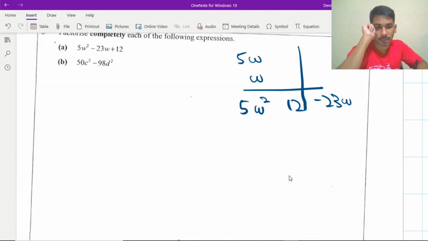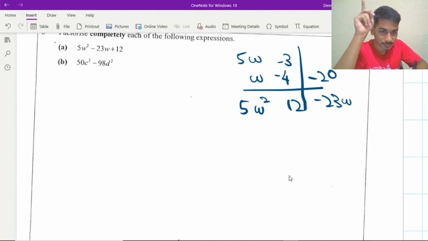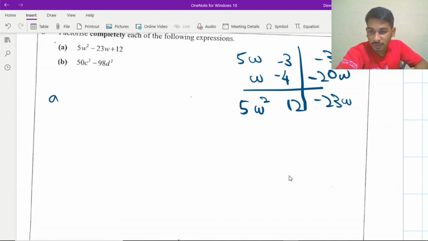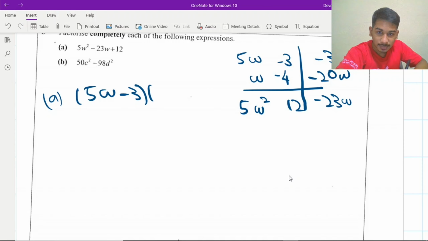And how do we get 23? 2 times 6 is 12, but that won't be helping me. 4 times 3. If you have 4 times 3 and both of them are negative, this will give you negative 20w, and this will give you negative 3w. That will give you negative 23w when you add them. Okay, so a can be changed into 5w minus 3 times w minus 4.